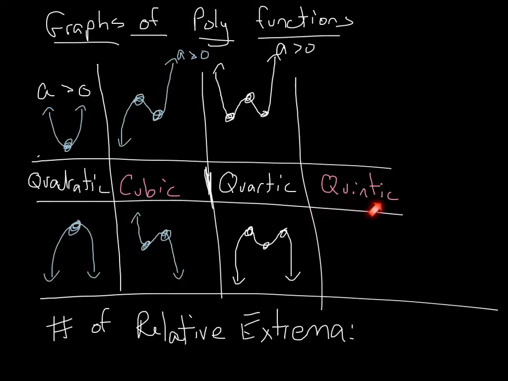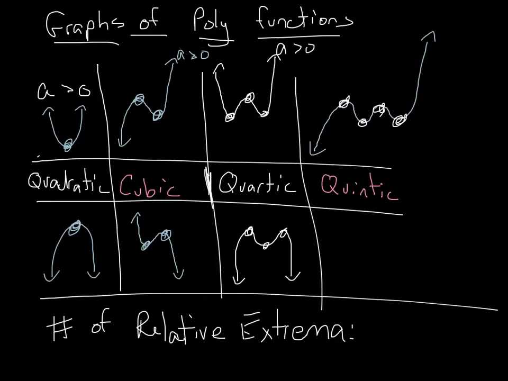When we get to quintic, we have another odd degree. Guess what? That means one arrow down and one arrow up. Here's what it does. Ready? Starts down, and it goes whoop, whoop, whoop, whoop. Look, we got a max, we got a min, we got a max, we got another min.